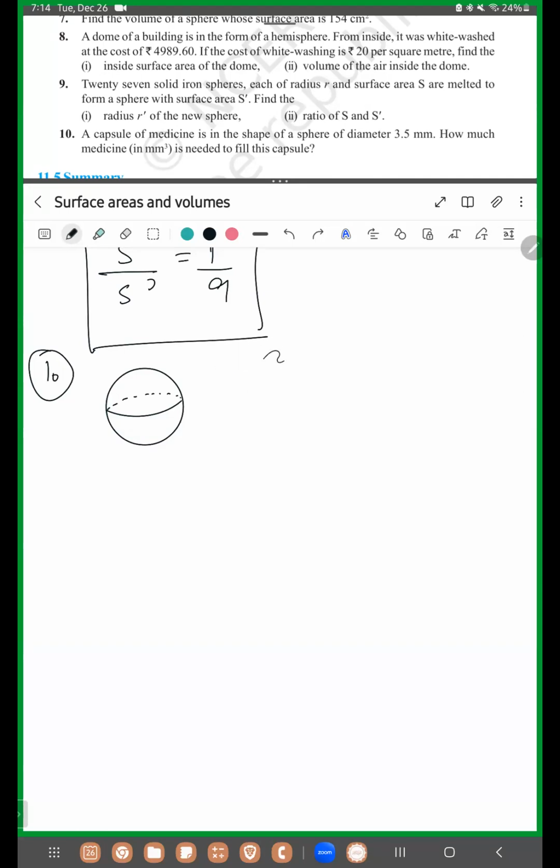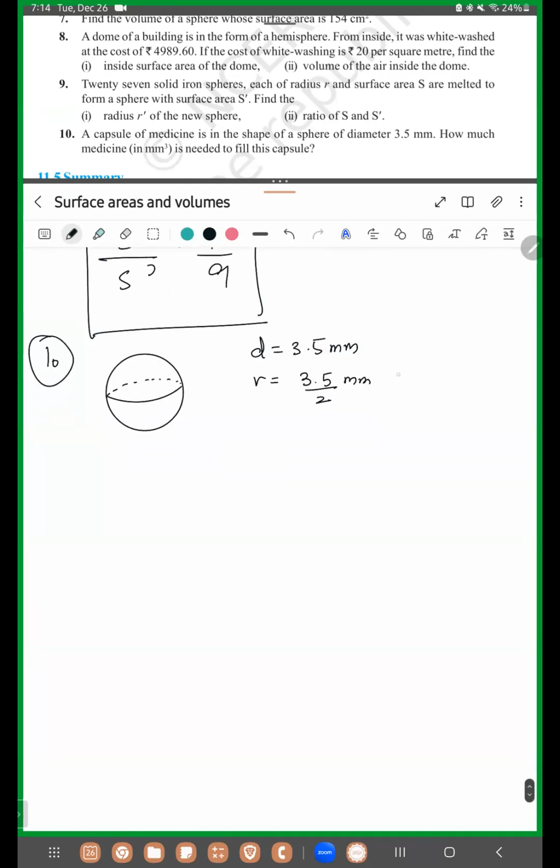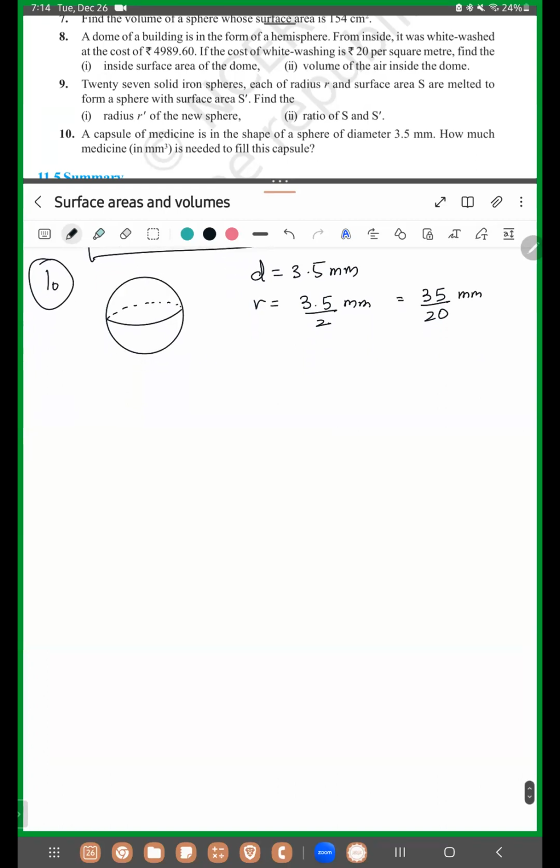The diameter is 3.5 millimeters. That means the radius has to be 3.5 by 2 millimeters. And just to get rid of the decimal, I am going to write 35 by 20. You don't have to do this necessarily, but this is just to get rid of the decimal.